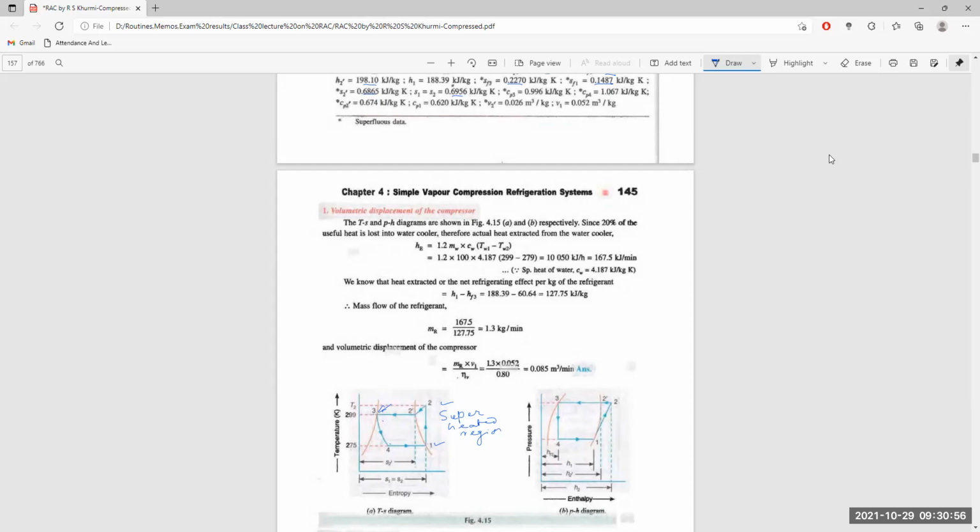CP2 dash is the specific heat at point 2 dash, 0.674, and CP1 is the specific heat at point 1. V2 dash is 0.026 meter cube per kg, and V1 is 0.052 meter cube per kg. This is the specific volume at point 1, and after compression it becomes 0.026 meter cube per kg.